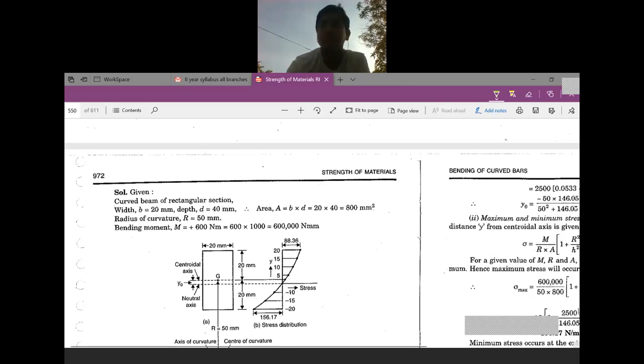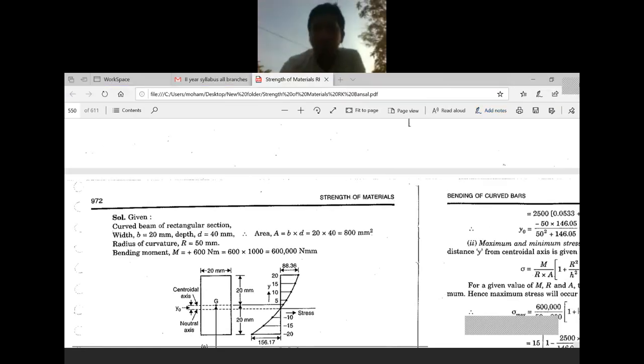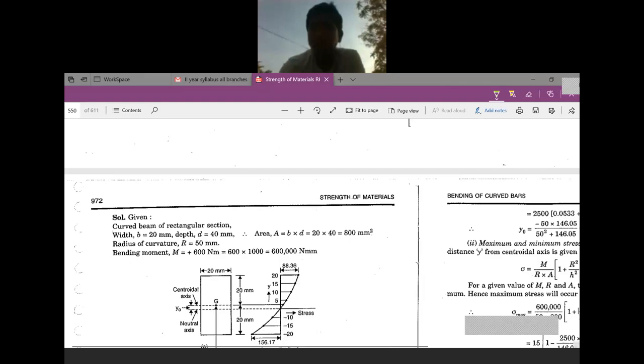The radius of curvature here is capital R, and the bending moment is M equal to 600 Newton meter. He has given 600 into 1000 Newton mm. All the dimensions are in mm, so you are considering this as mm. Understand?